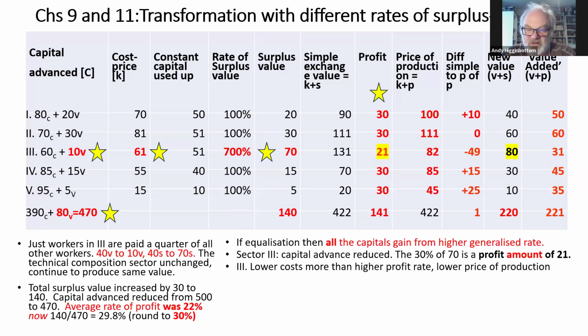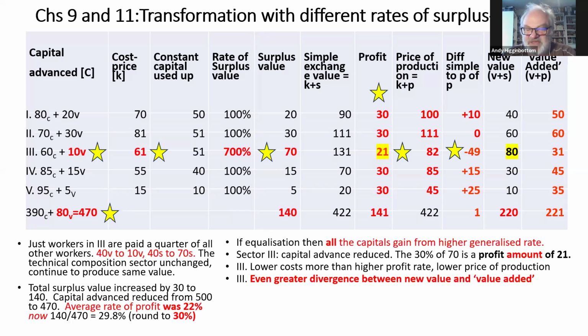The lower costs in sector 3 are more than the high rate of profit because there's a lot of labor being set in motion. There are still relatively more workers involved here, right? So if you reduce the wages, that's going to be significant in terms of lowering costs. There is an increase in the profit rate, but much more a decrease in the costs, right?